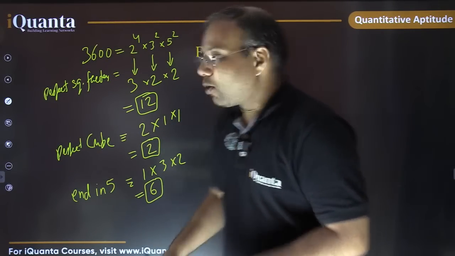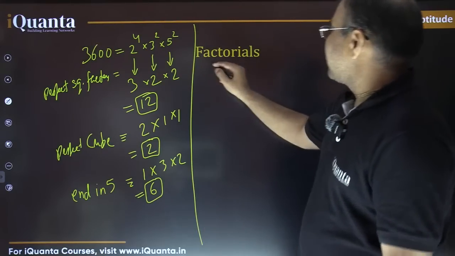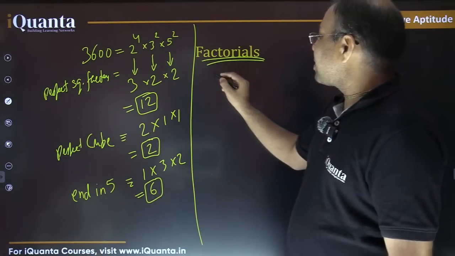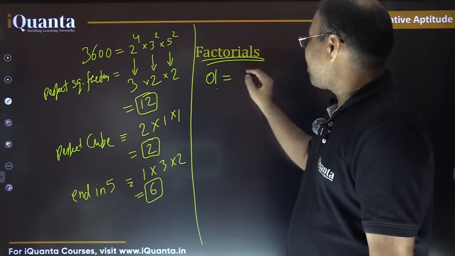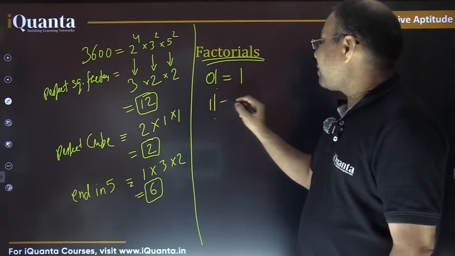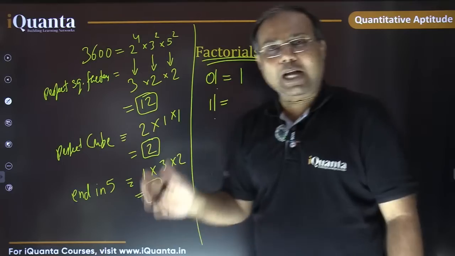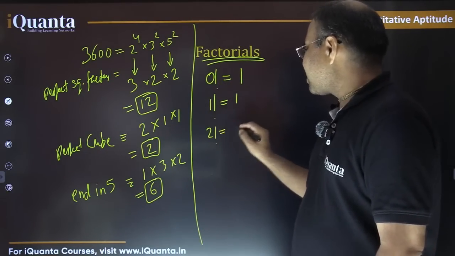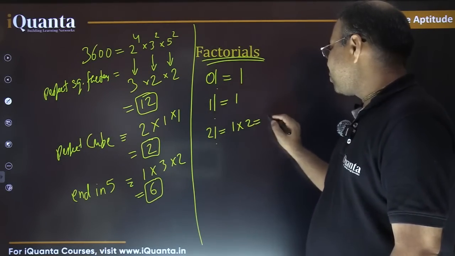Okay? Okay, good. Now coming to factorials. I hope all of you are familiar with factorials. So while talking of factorials, 0 factorial by default we take it to be 1, and all other factorials of natural numbers are basically the product of all natural numbers up to that number. So 1 factorial is 1 only, and 2 factorial is 1 into 2, that is 2, है ना?